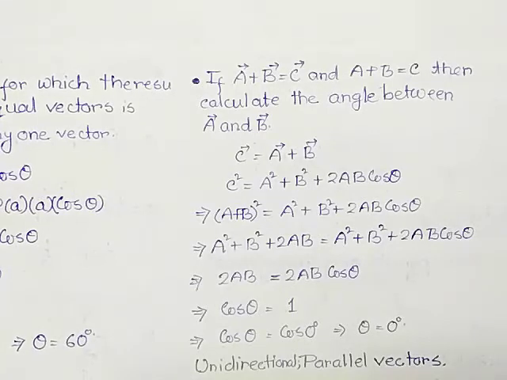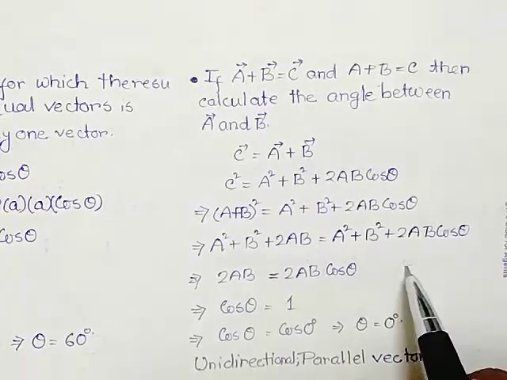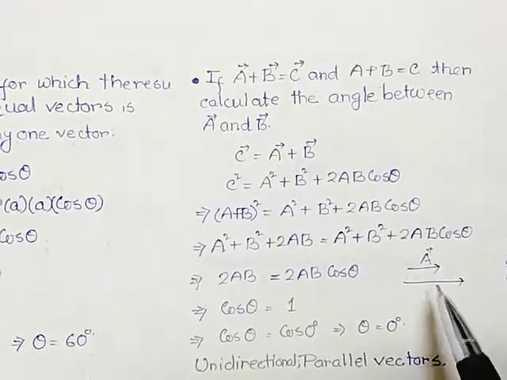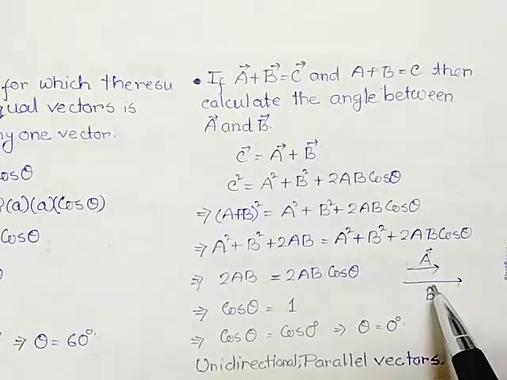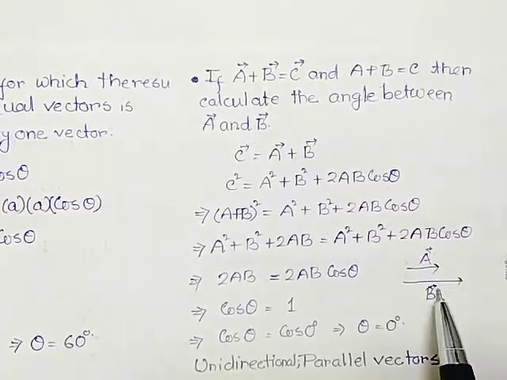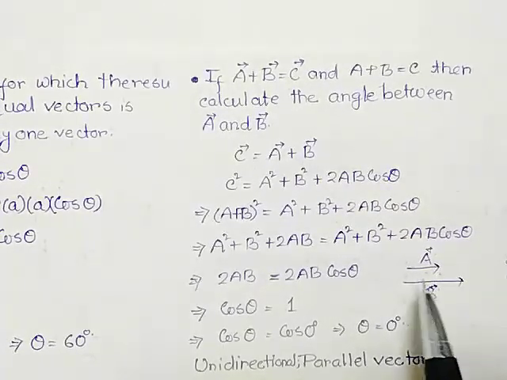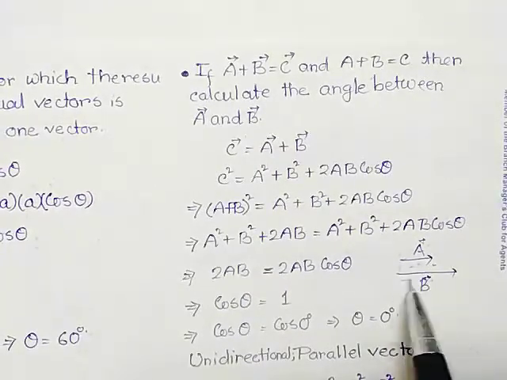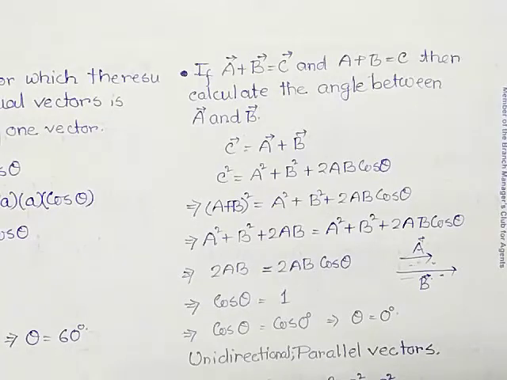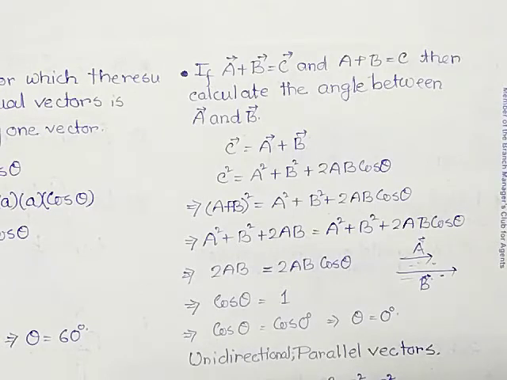Parallel and unidirectional: they are parallel, maybe their values are different, here it does not say their values are the same. So the a vector and b vector are parallel, and unidirectional means they are along the same direction. At that time, if we add vectorially or just add the two scalars, that is the magnitudes of these two, it does not matter.